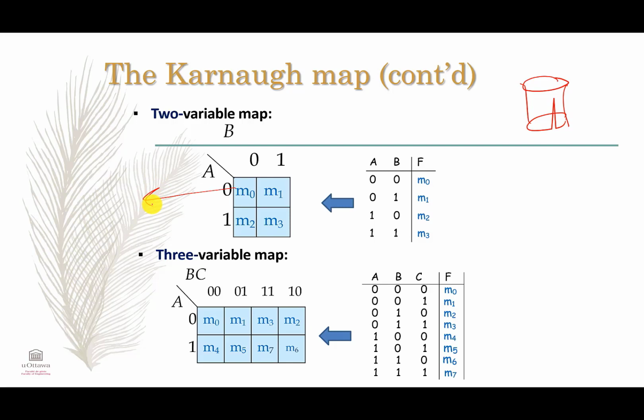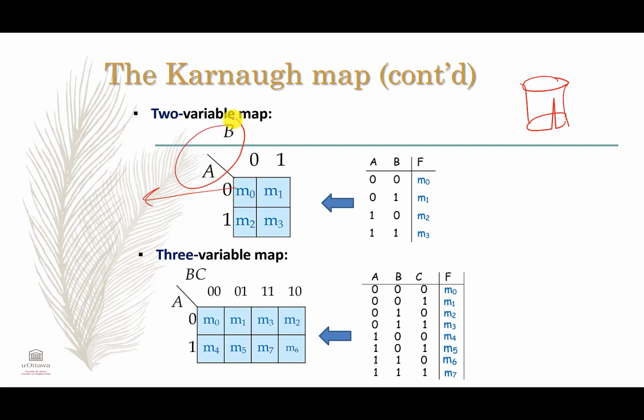At each cell of this matrix we have a square, and this square represents a term. That term can be either a minterm if we are looking for the sum of products, or it can be a maxterm if we are looking for the product of sums. The number of cells or squares of each Karnaugh map is determined by the number of variables.